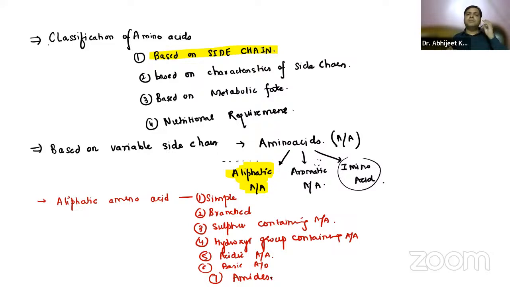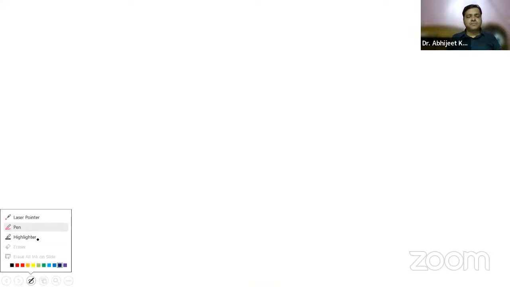We have simple, branched, sulfur, hydroxyl, acidic, basic, and amide. So these are the basic ones. Let us try to enumerate the examples also. Yes. So the very first one, simple amino acids.